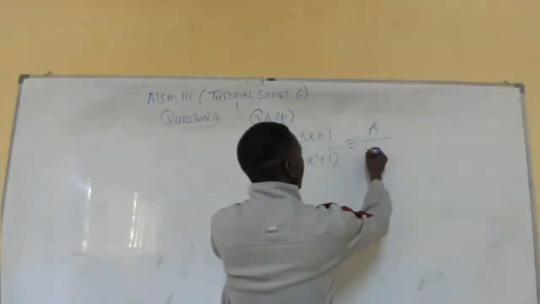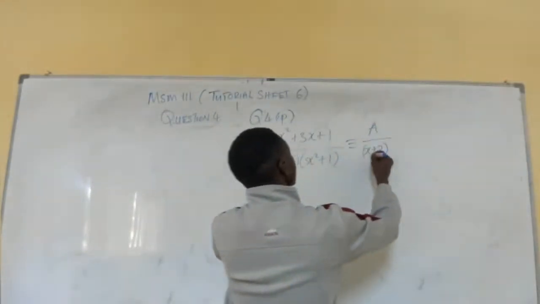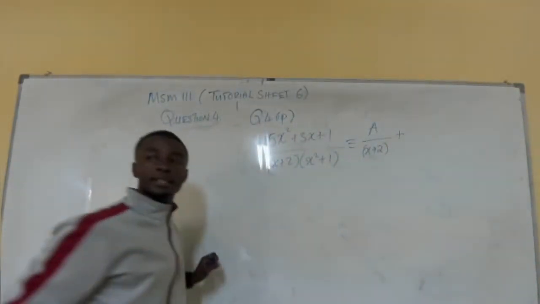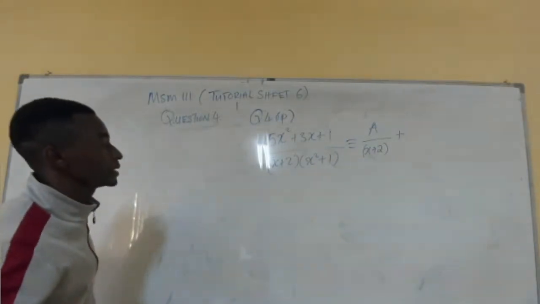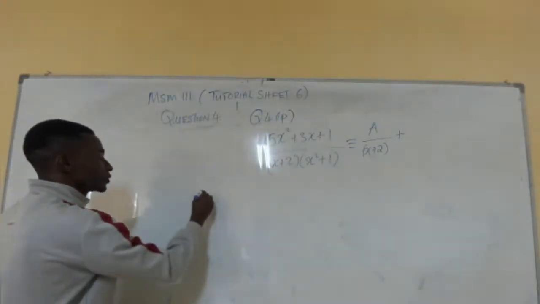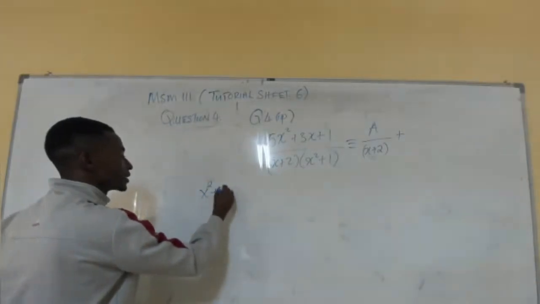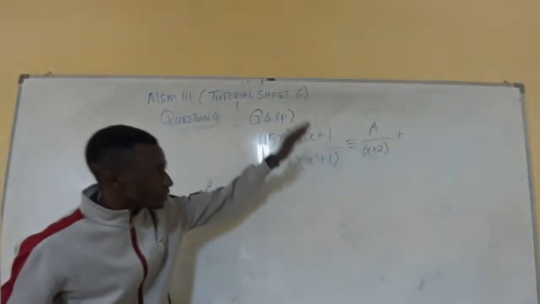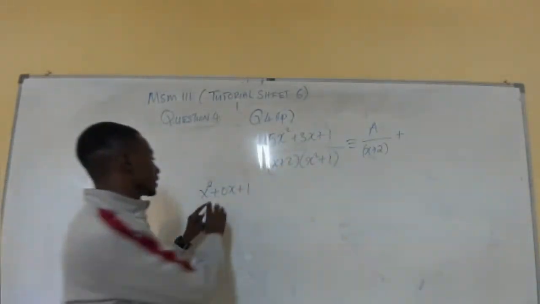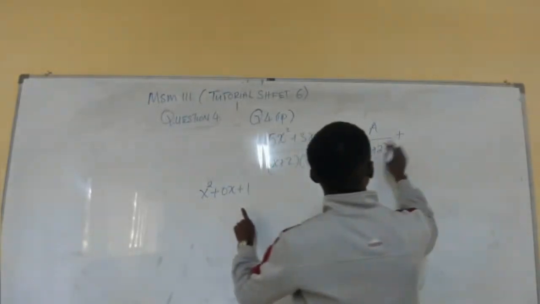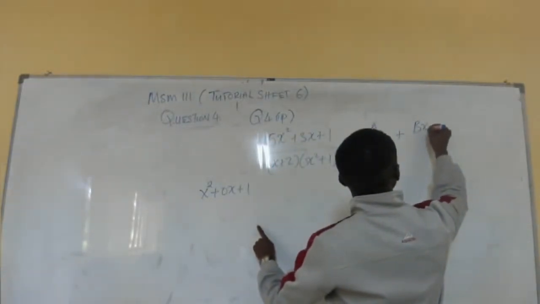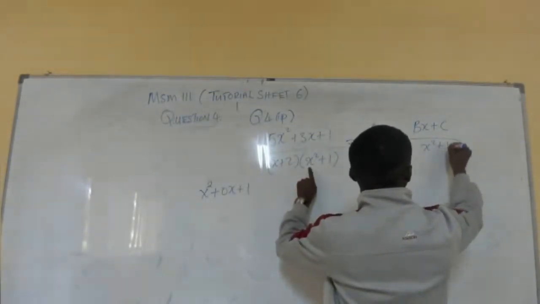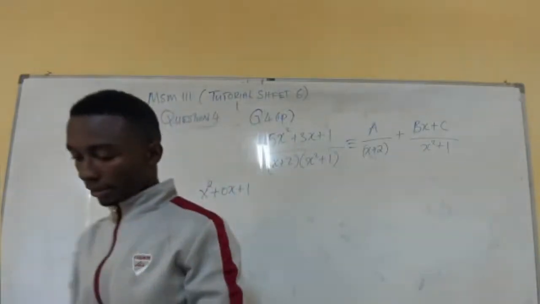So you say a over x plus 2 plus, here it's a quadratic function, something like x squared plus 0x plus 1. So expressing that one in partial form, it can be done like this: bx plus c over x squared plus 1. So that's what you're supposed to do.